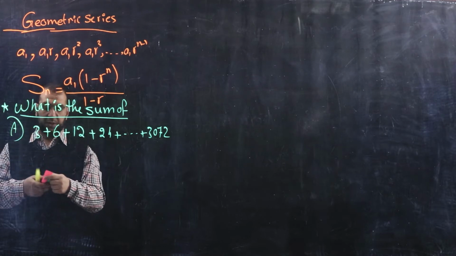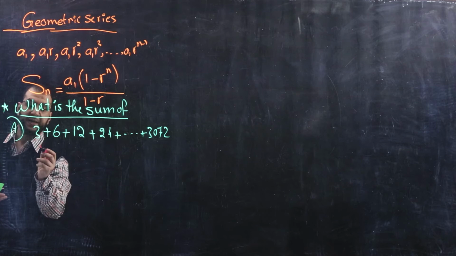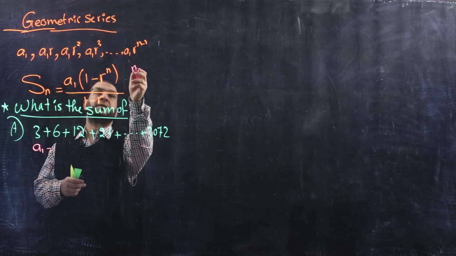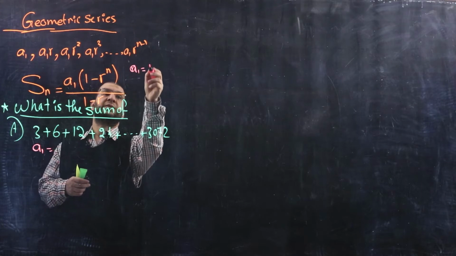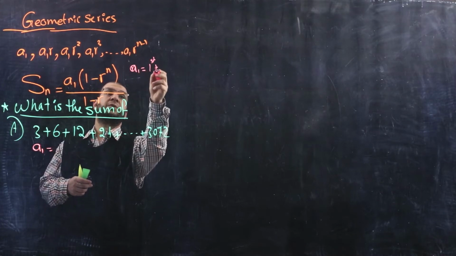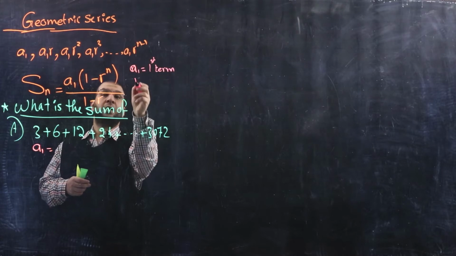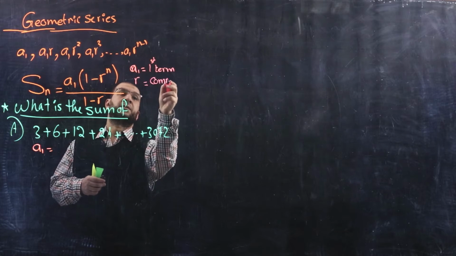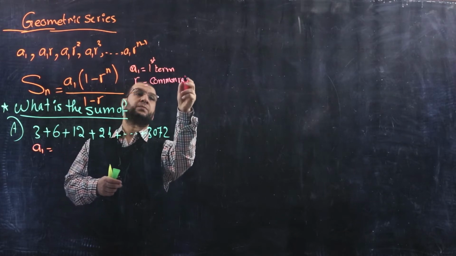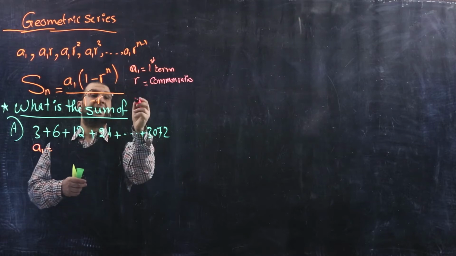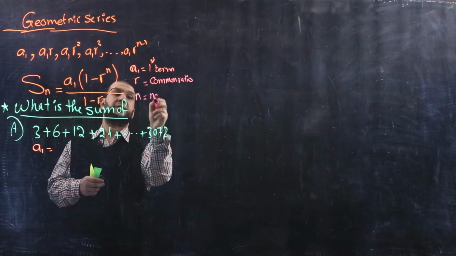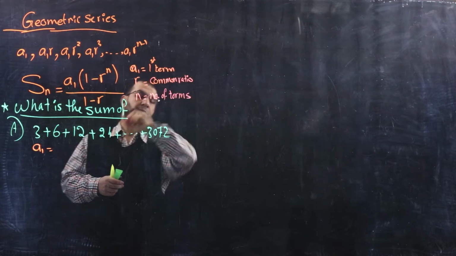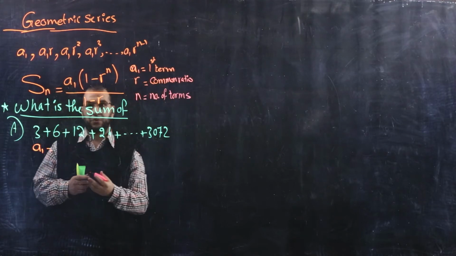From this rule, I need a sub 1, which represents the first term. r represents the common ratio. And n represents the number of terms. So this is what I need to substitute.